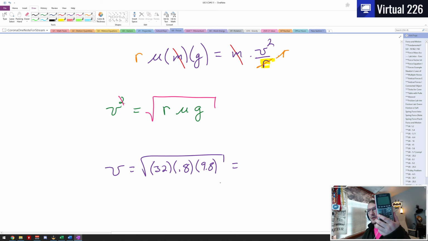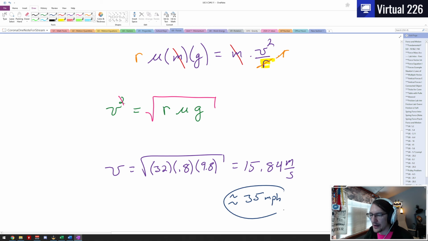And if we pull up our little calculator and multiply this, 32 times 0.8 times 9.8 equals 250.88. And when we take the square root of that, we simply get 15.84 meters per second, which, if you just throw that into a Google converter or whatever to miles per hour, is approximately 35 miles per hour.